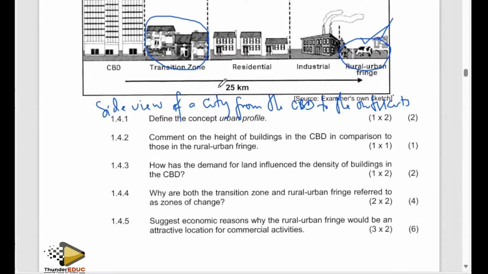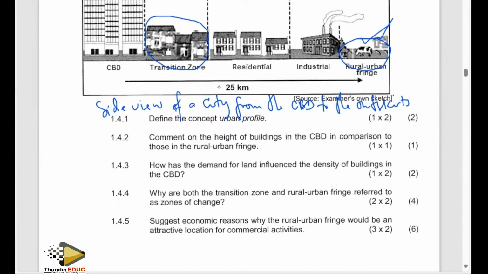There is a mix of activities coming from the commercial side and also coming from the next zone. So if you look at the zone of transition, why are we calling it a zone of change? It is because here, the zone of transition marks a change from the CBD, which is a commercial and a residential area. So it marks a change in land use zone from commercial to residential.